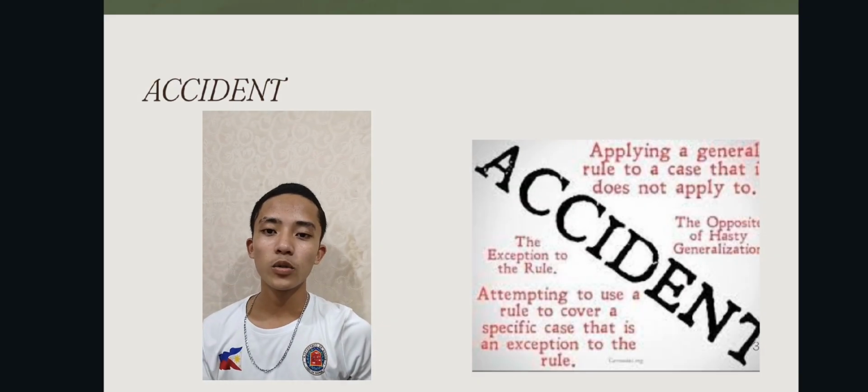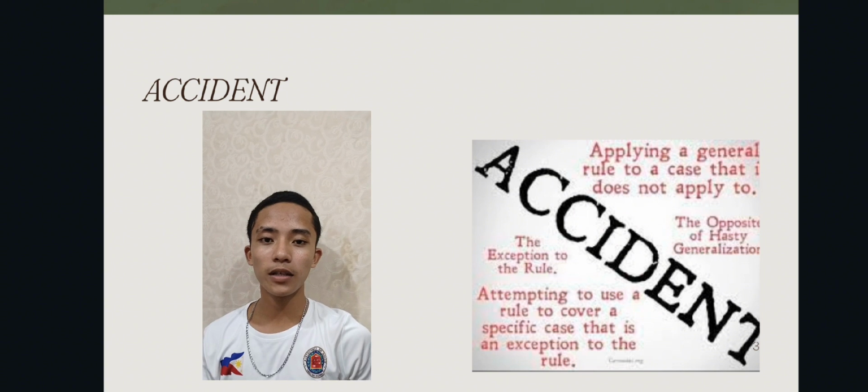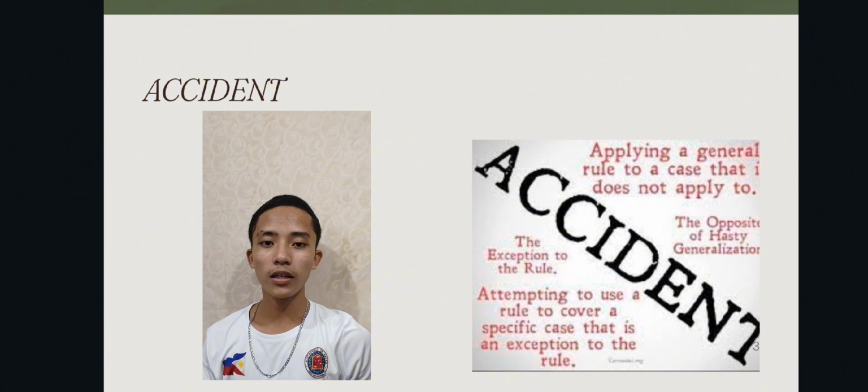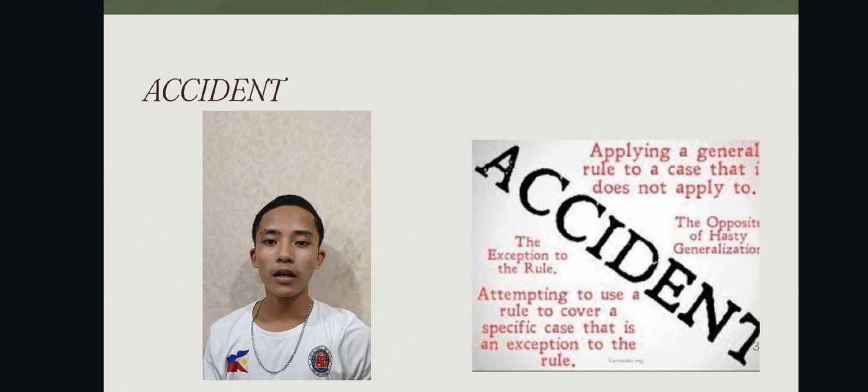This fallacy arises when an exemption or special circumstance is treated as if it represents the entire rule. Disregarding the specific condition that led to the exemption, it's important to recognize and address the unique aspects of individual cases rather than applying broad rules in situations where they may not be appropriate. We will show an example about this fallacy.